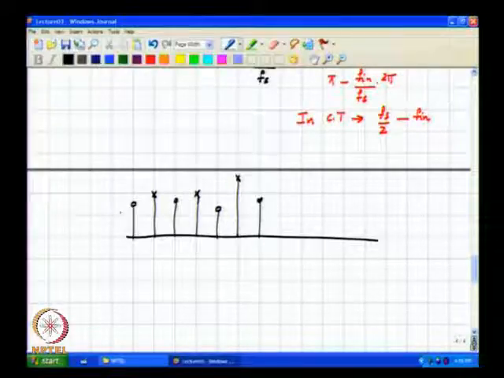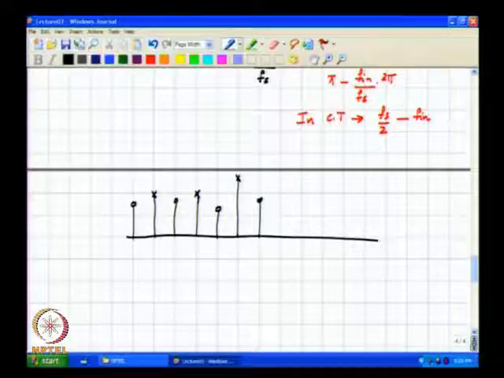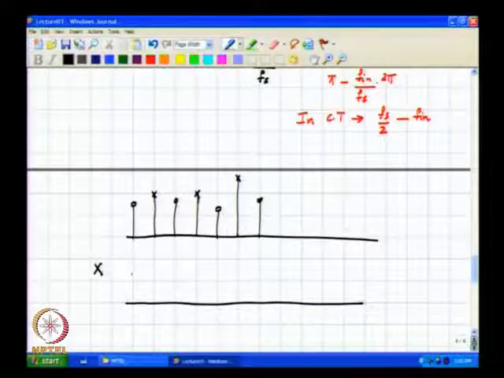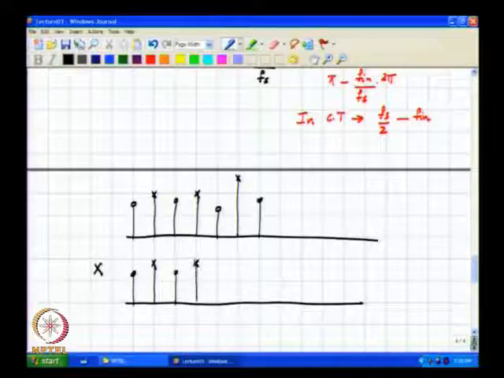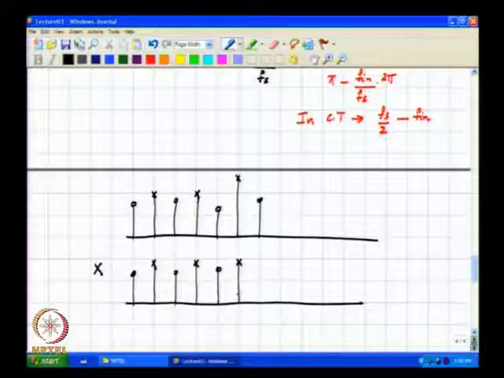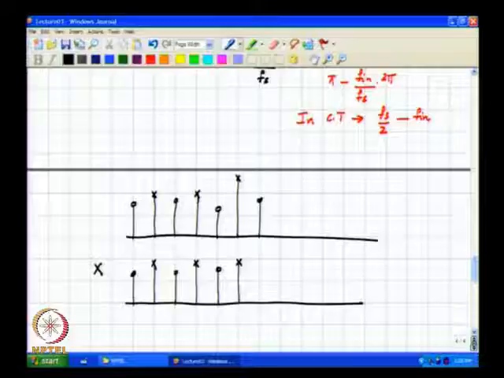Every odd sample is getting multiplied by some constant which is different from unity, and every even sample is getting multiplied by another constant which is not the same as the constant multiplying the odd samples. So, you can think of this as taking this ideal sequence and multiplying it by a sequence. What is this sequence?